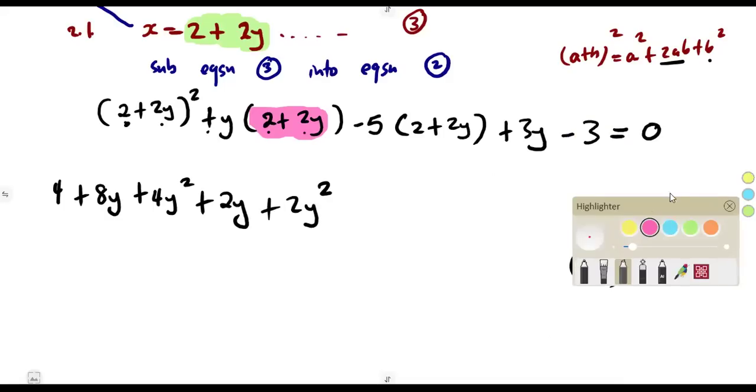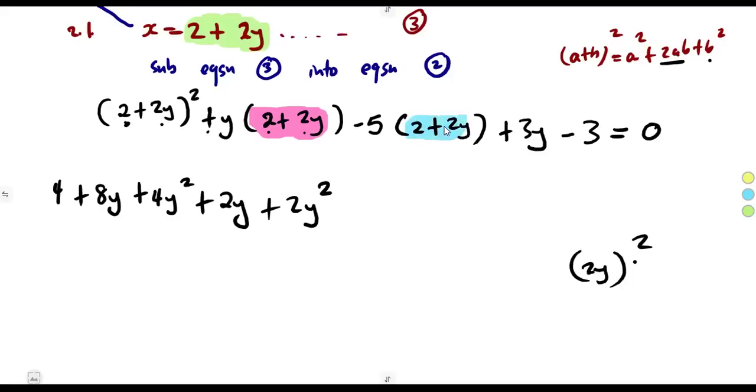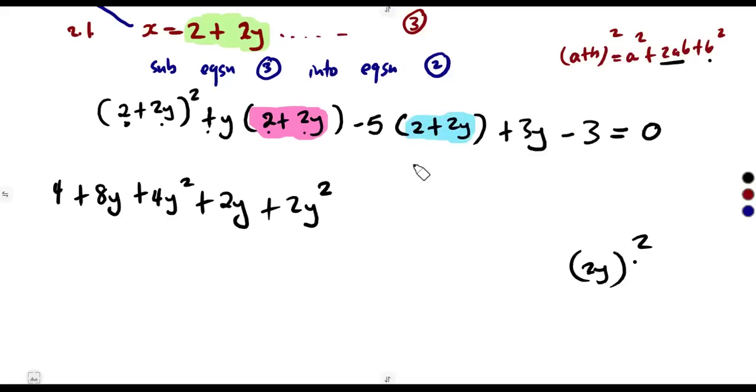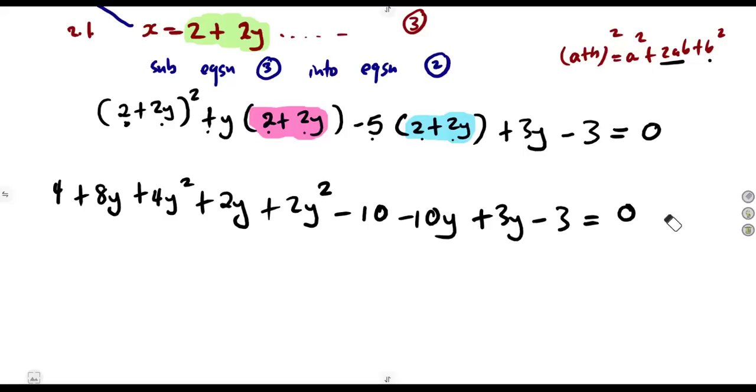Second part, again, there's a bracket here. Distribute negative 5 over 2 plus 2y. So this is negative 5 times 2, which is negative 10, and negative 5 times 2y, which is negative 10y. This one, just rewrite as it is, plus 3y minus 3 is equal to 0. So this is it, guys.